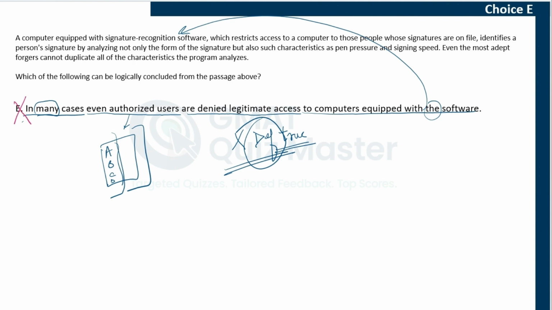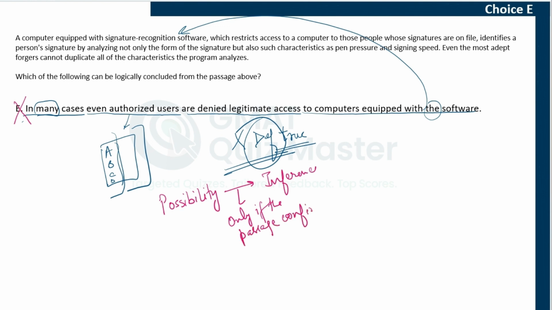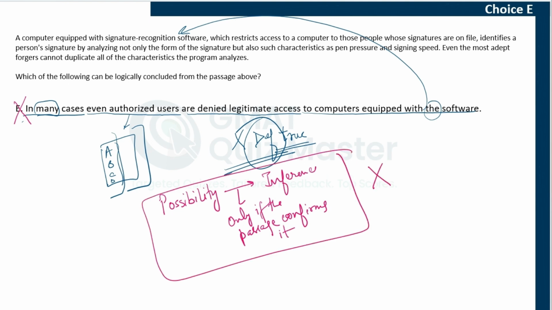Again, if you selected this answer choice, this is an important learning for you. A possibility can be a correct inference only if the passage confirms it. Otherwise, it cannot be a correct inference.